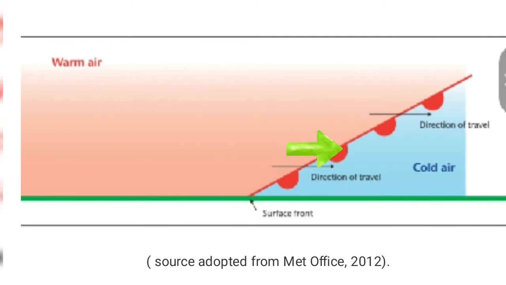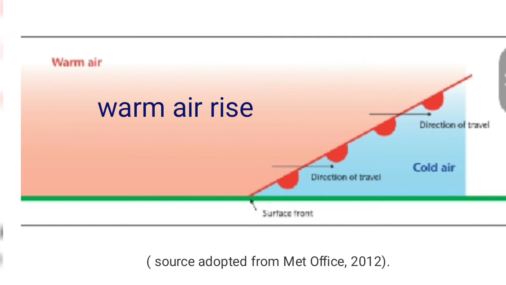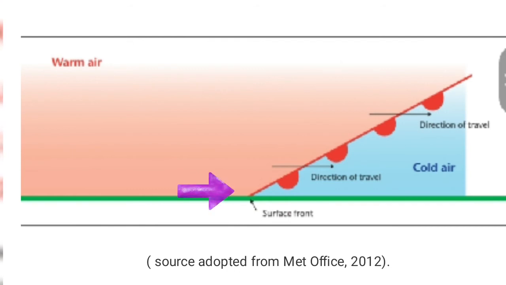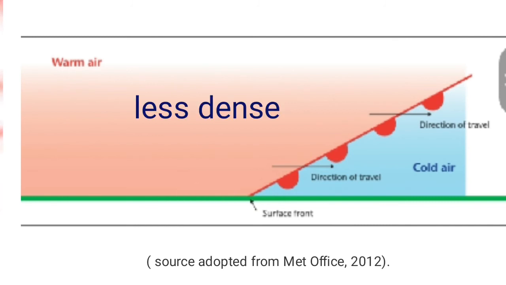Where there is a warm front, that means that warm air is rising up over the cold air. So the warm air begins to replace the cold air at the surface. Why is this so? That's because warm air is less dense. That means it's light. Warm air is light, so it rises above the cold air.